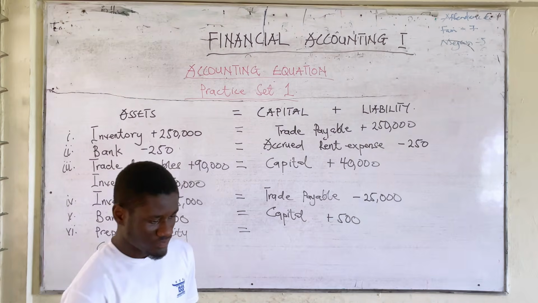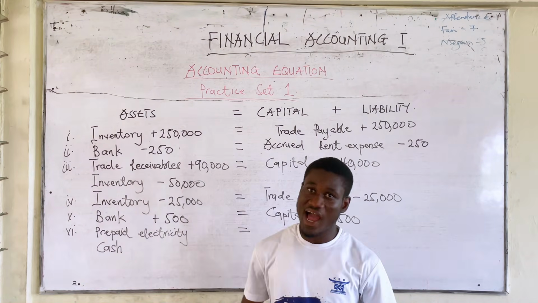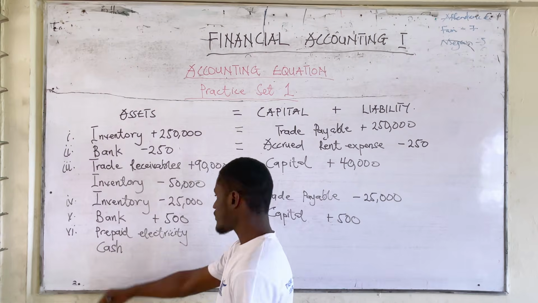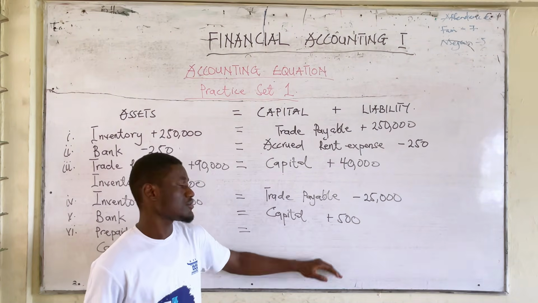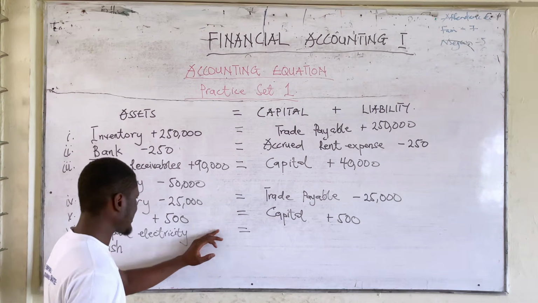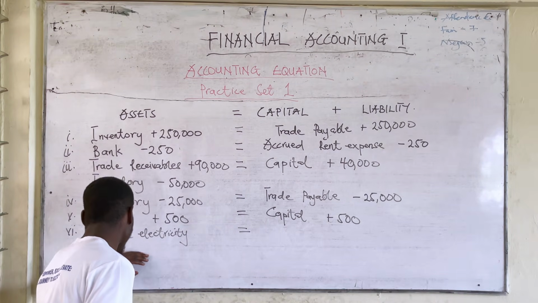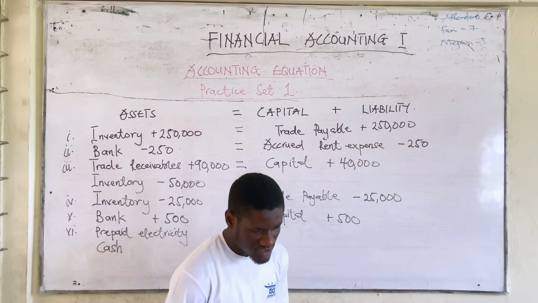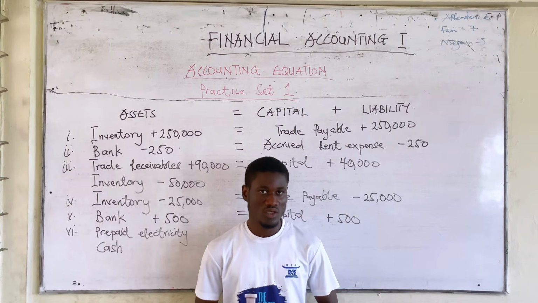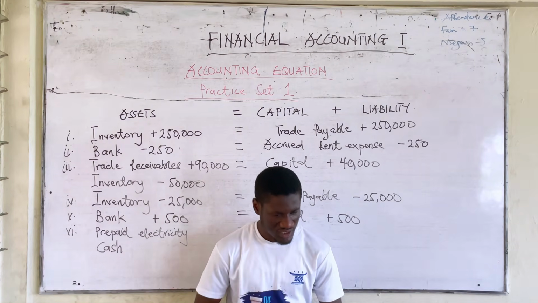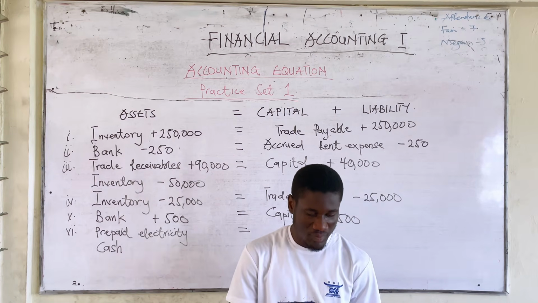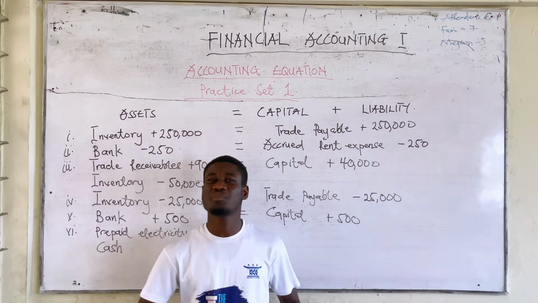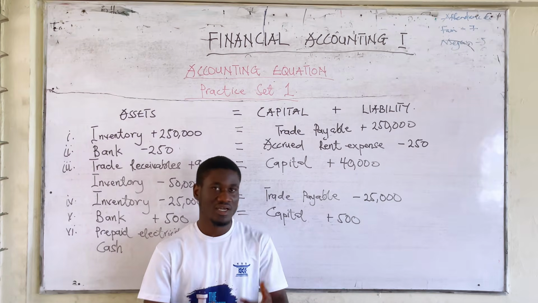So now, the two accounts involved here are assets, but at the end, you should get the left side equal to what? The right side. Do you get it? Good. So now, what has happened to our prepaid electricity and what has happened to our cash? We purchased prepaid electricity card worth 1,000 with cash. So what did we purchase the prepaid electricity with? Cash.